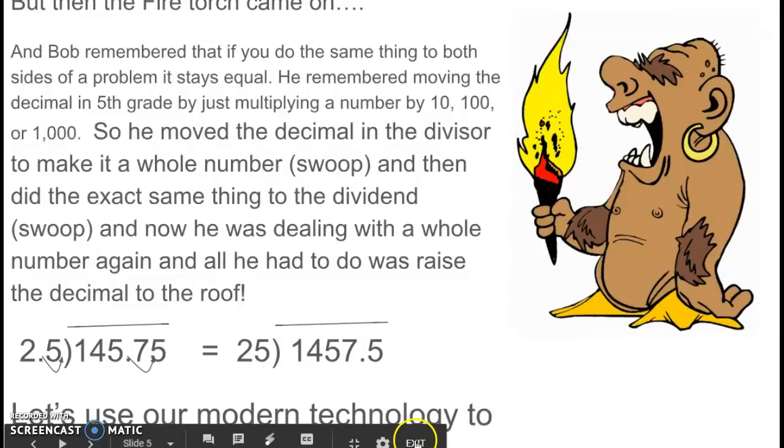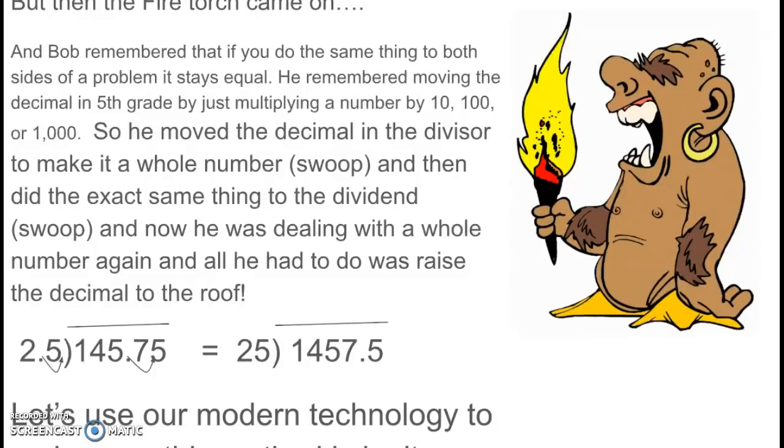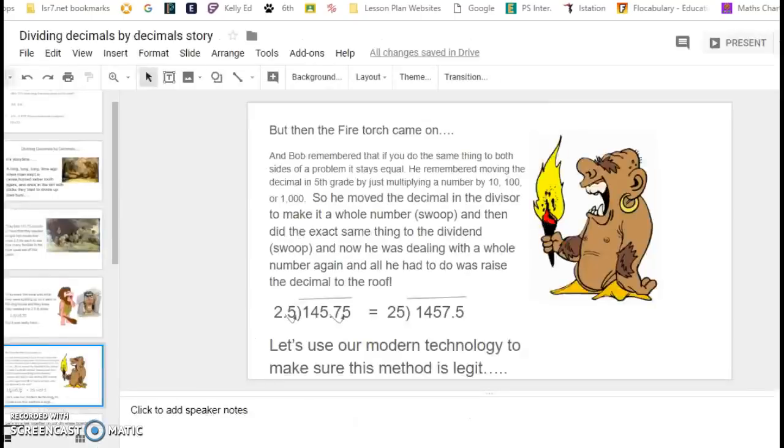So let's use our modern technology to make sure that this method works. On your Chromebook computer or calculators, or you can get a calculator from the classroom, go ahead and type into your calculator 145.75 divided by 2.5. Actually, I can see if I can do it here on my calculator.